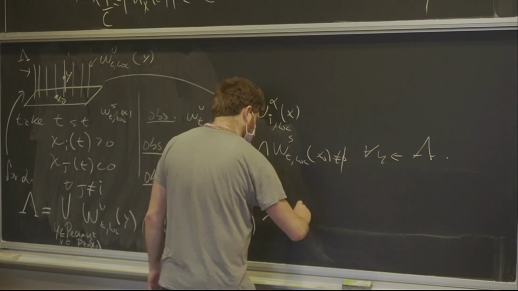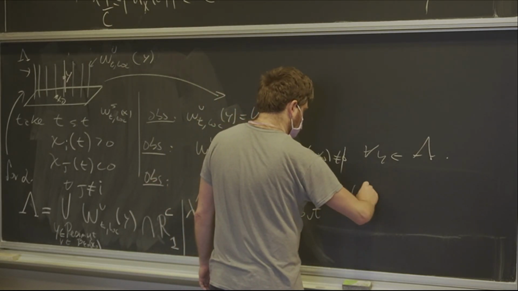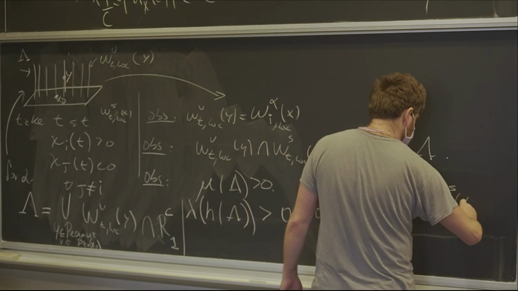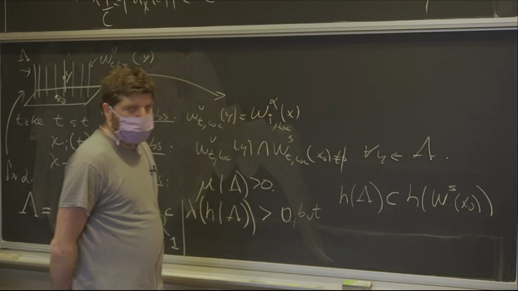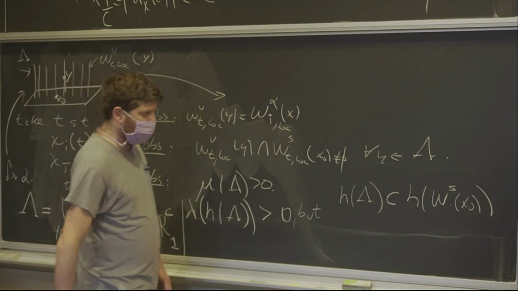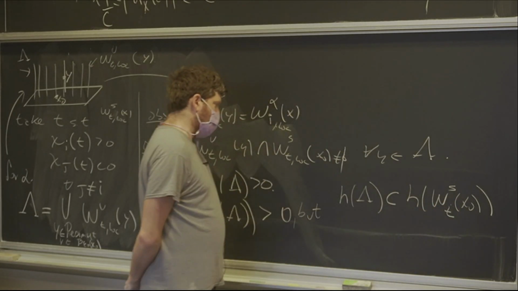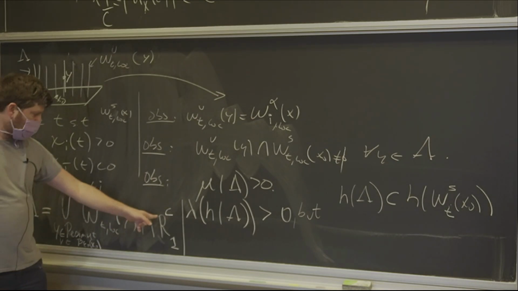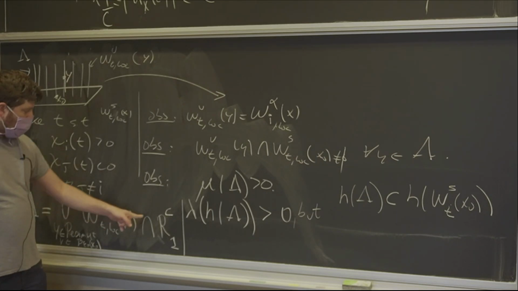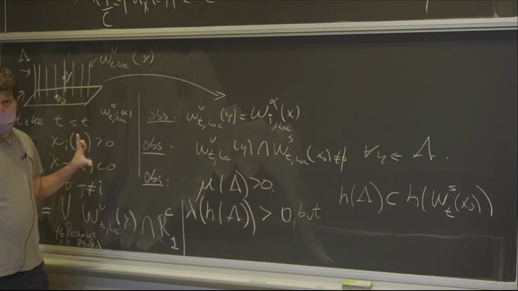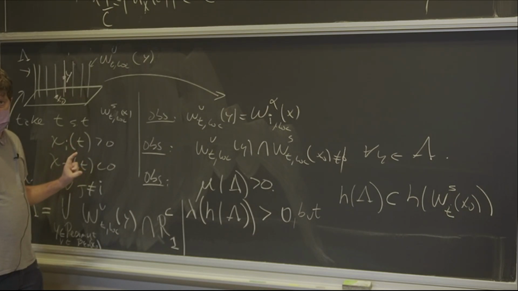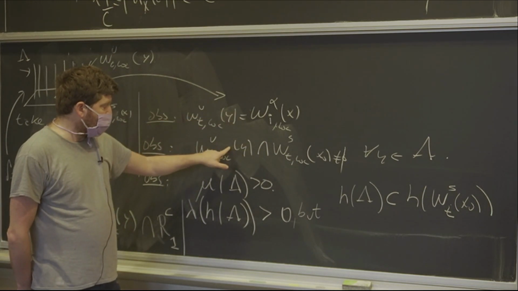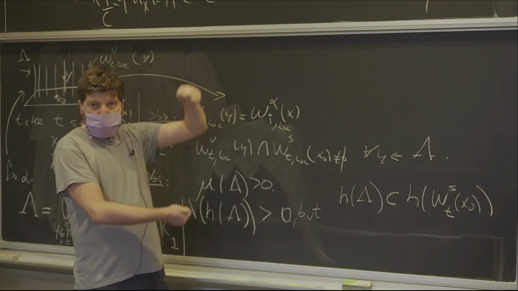But h of lambda is contained in h of the stable manifold of x naught for this value of t. And the reason for this is exactly this union. So I take any point here. The point here in lambda belongs to R1 complement, and it also belongs to the W1 of some point. Now this W1 will intersect the stable manifold, and I know the whole W1 is collapsed.